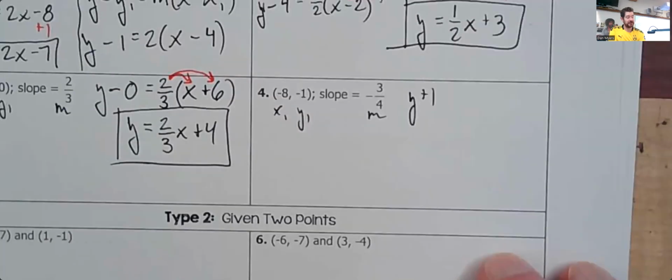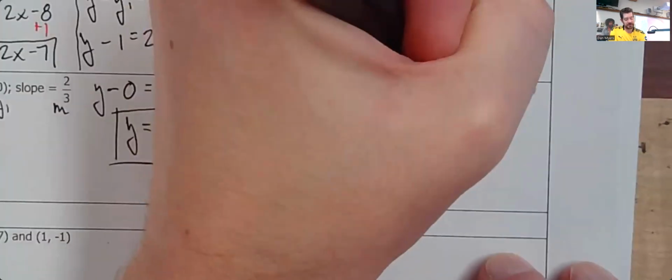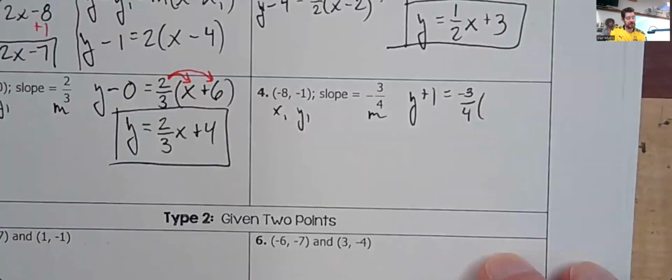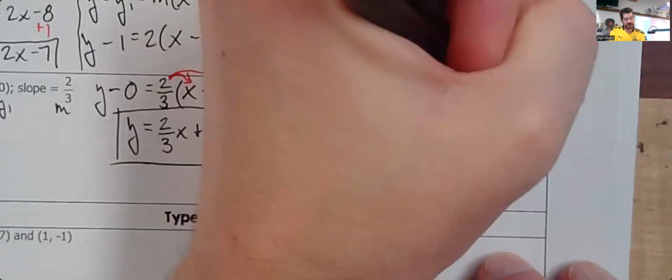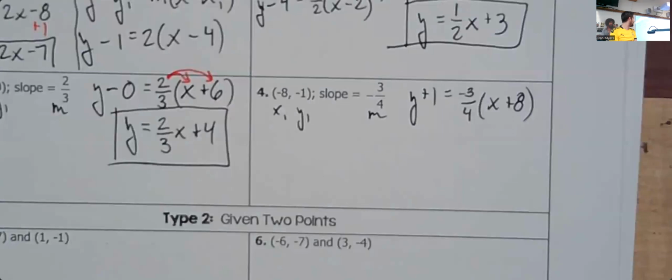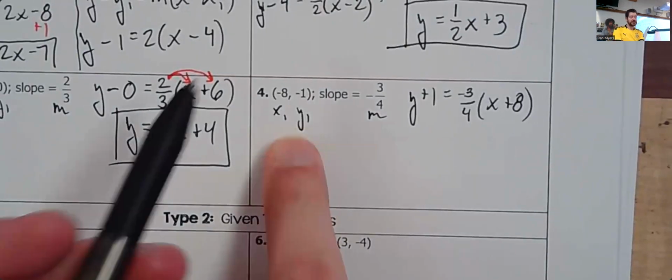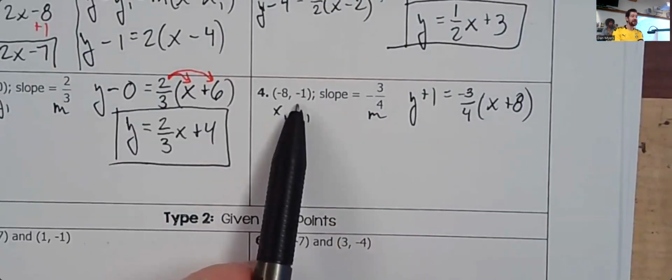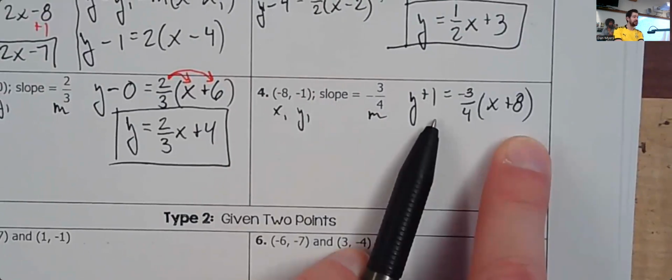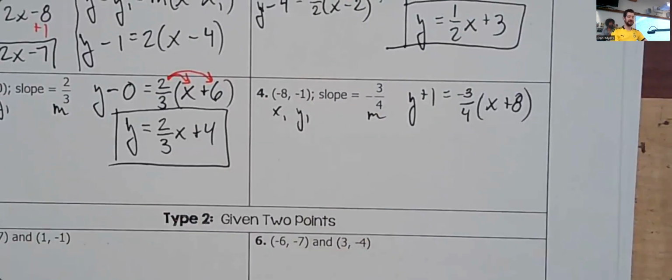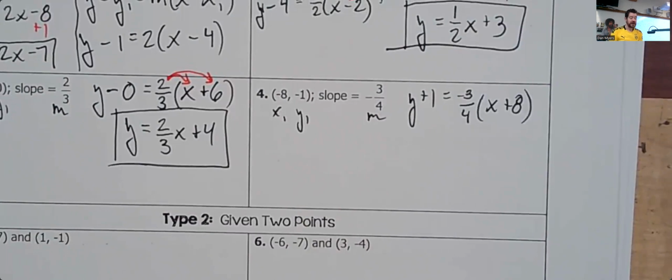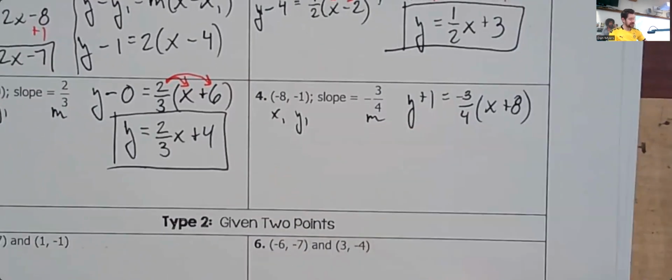Y plus 1. Nice. Y plus 1, because we're subtracting -1. So basically, anytime you have negative numbers here, that's going to be a plus in point slope because you'd be subtracting the negative, which makes it a plus. So there we go. That's our point slope. And then we got to distribute.